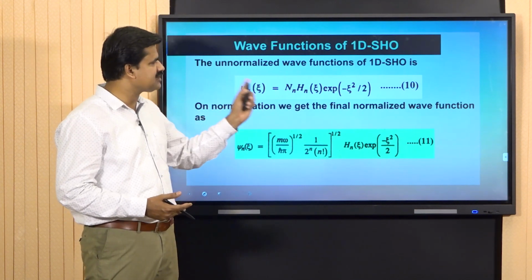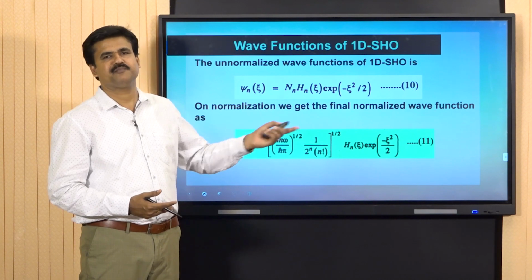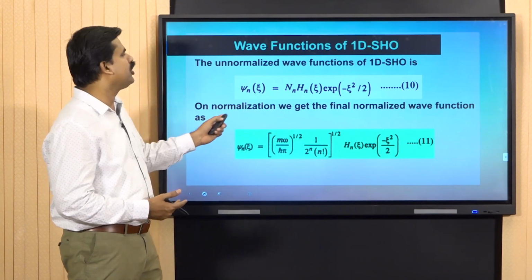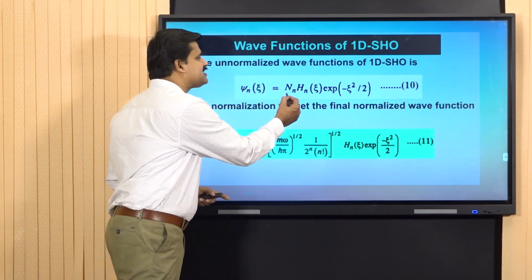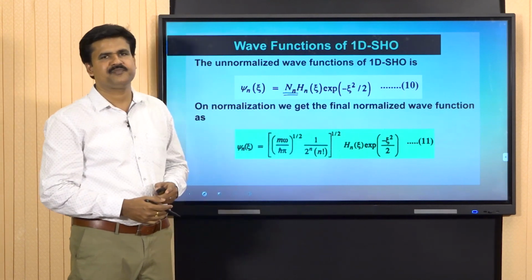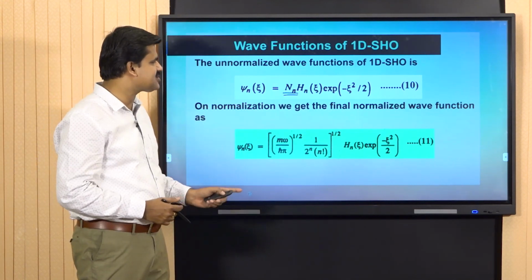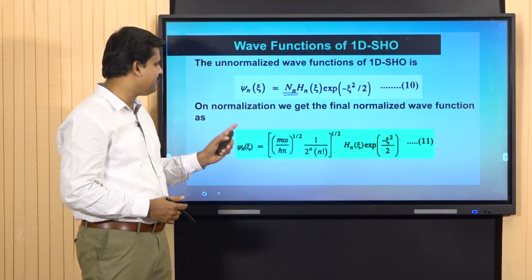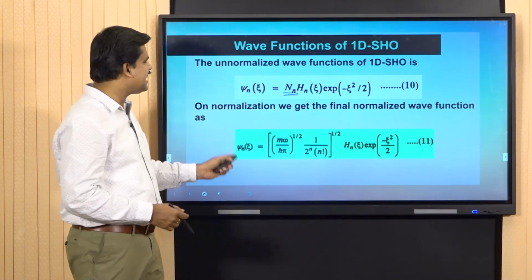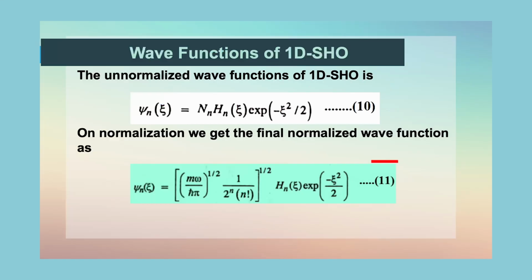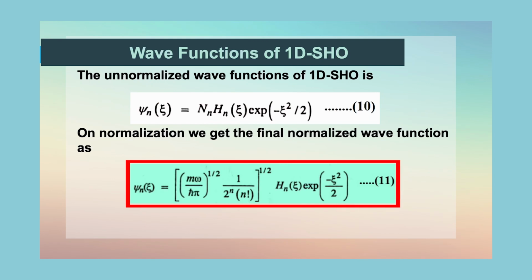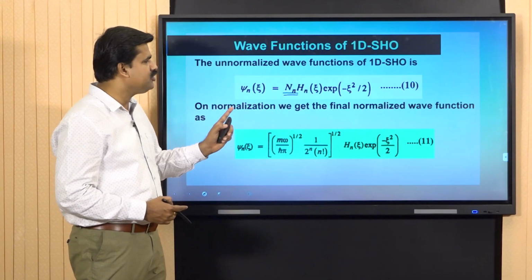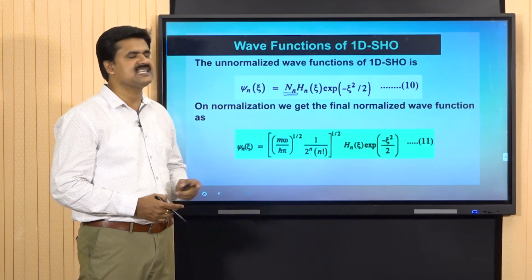We can substitute the value of Hn(ψ) and make proper simplification. On normalization, we get the normalization constant Nn also. Thus, the final wave function is ψn(ψ) equal to (mω/ħπ)^(1/2) times (1/(2^n n!))^(1/2) times Hn(ψ) times e^(-ψ²/2).